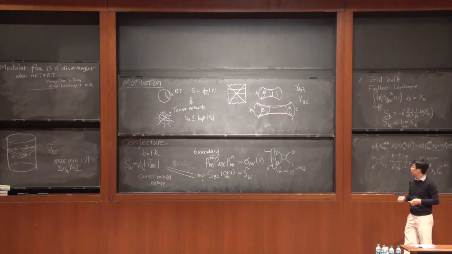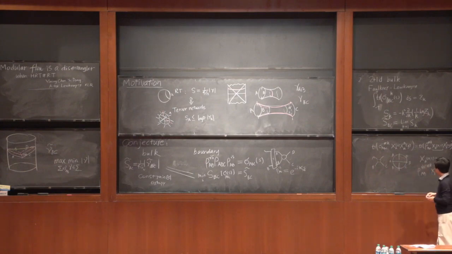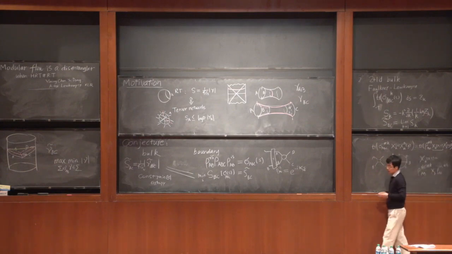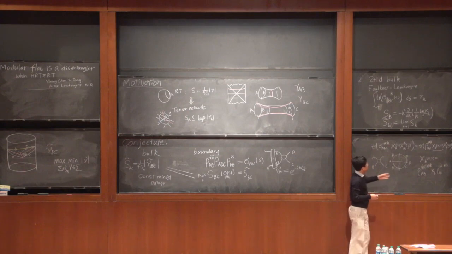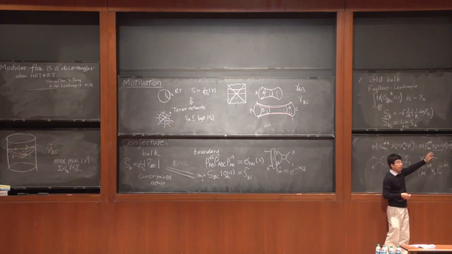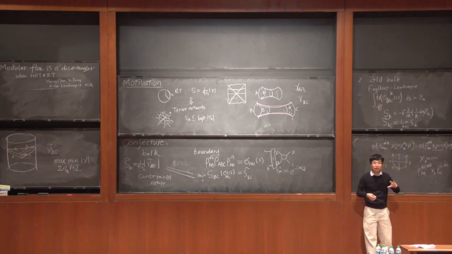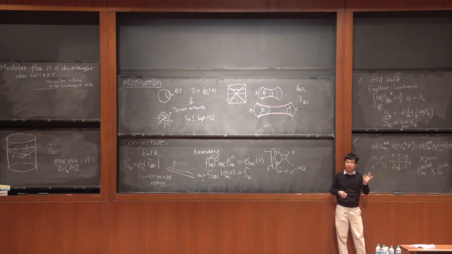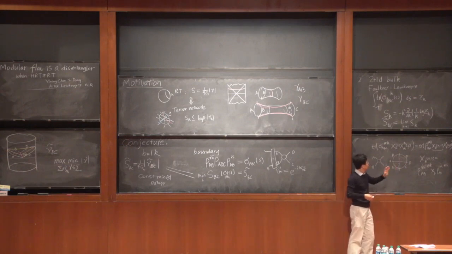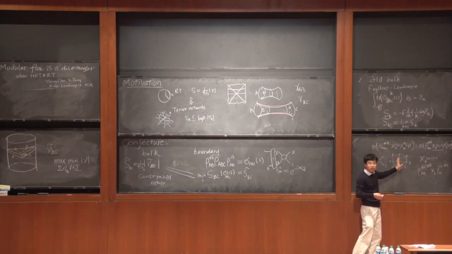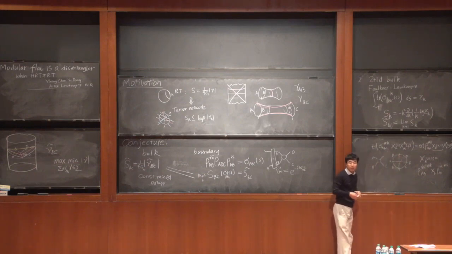And then now we can apply this Faulkner-Lewkowycz result, where they say if you integrate over S, then you are left with things that are invariant under modular transformation. And these are things that live on the extremal surface. Generically, you can expand the operator into operators living in the entanglement wedge, but when you integrate over S, you only get operators living on the geodesic surface.